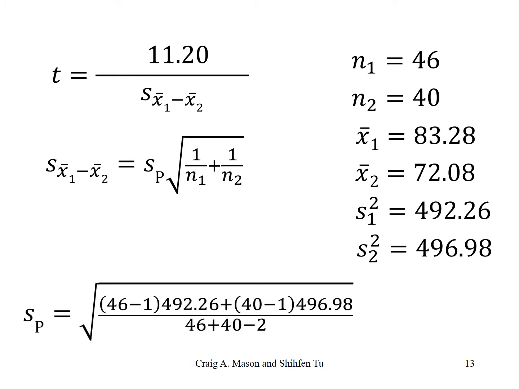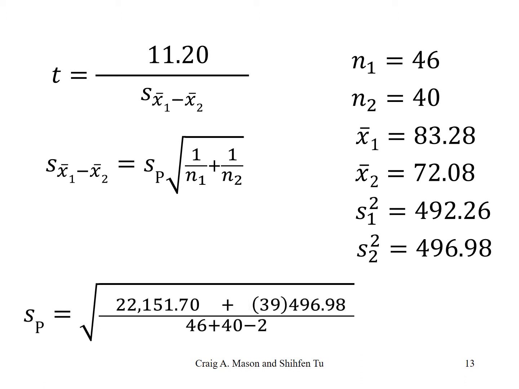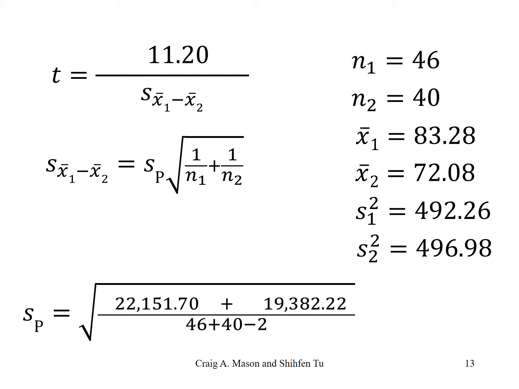Now comes the fun part. Let's start solving and reducing this down. 46 minus 1 is 45, and 45 times 492.26 is 22,151.70. 40 minus 1 is 39. 39 times 496.98 is 19,382.22.